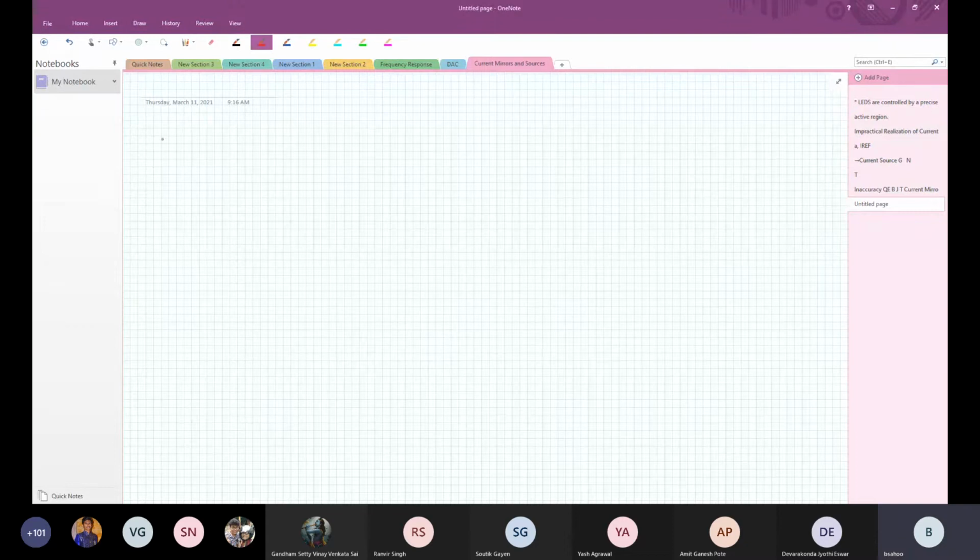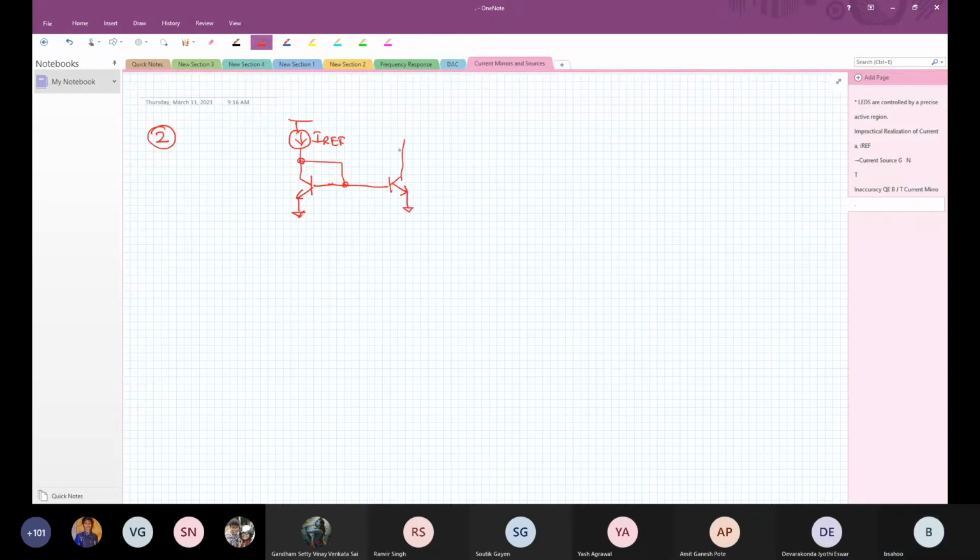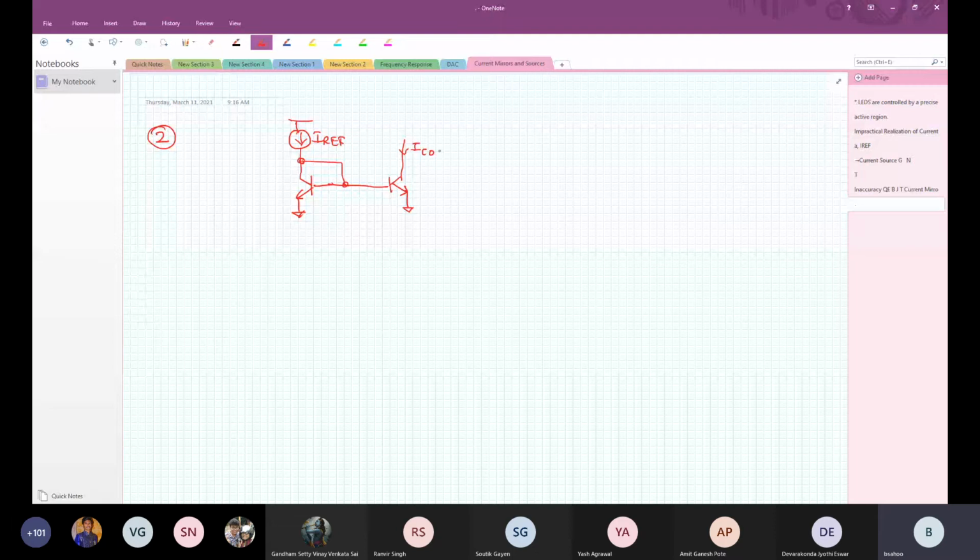Okay, so now, can you think of what would be the second source of error here? What would be the second source of error?